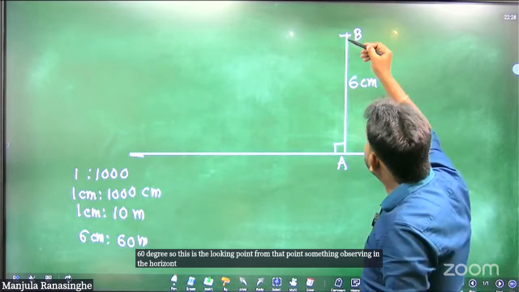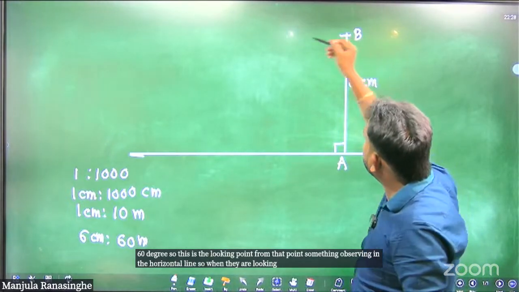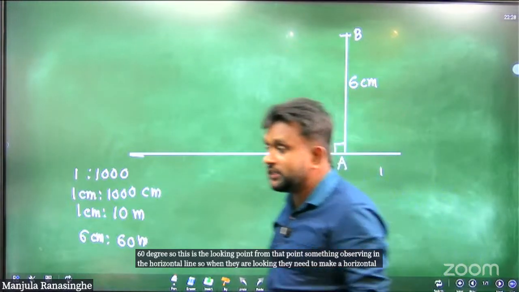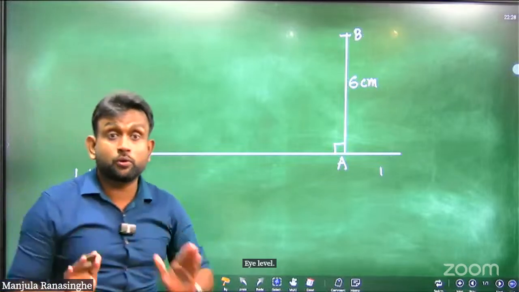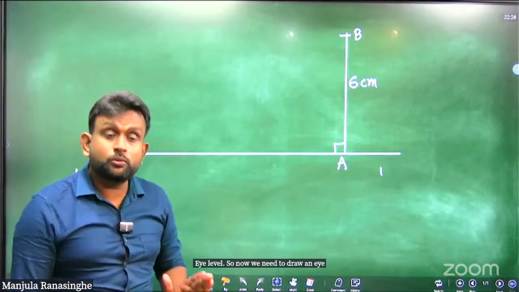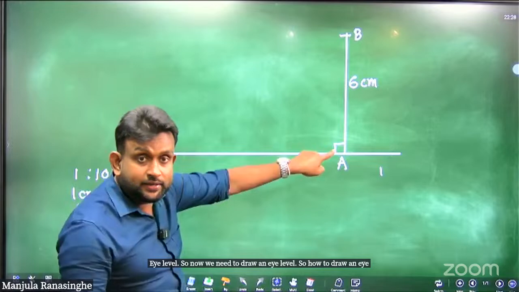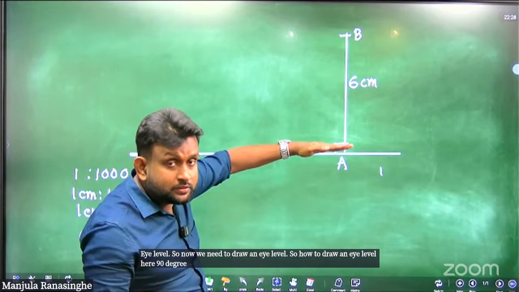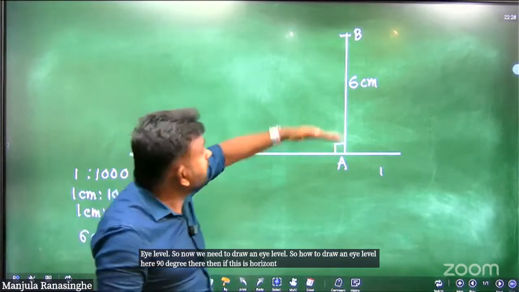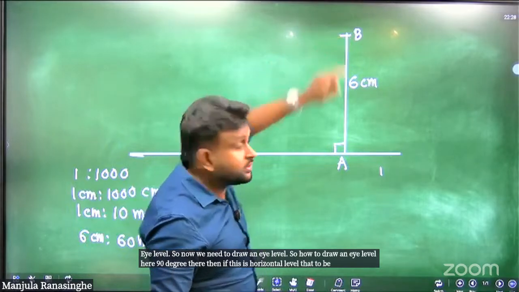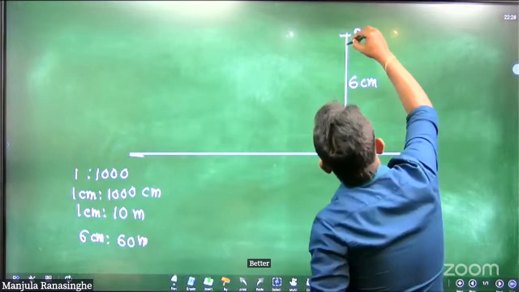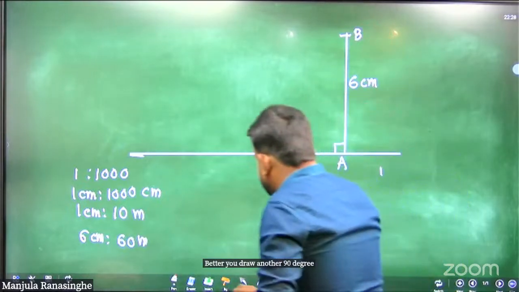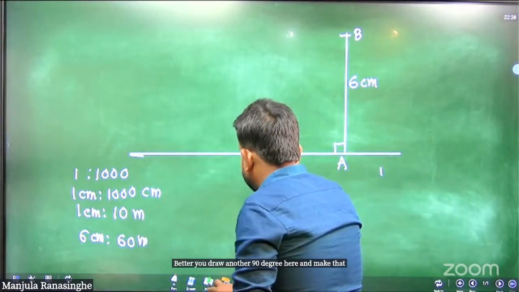So when they are looking, they need to make a horizontal line, what we call the eye level. So now we need to draw an eye level. How to draw an eye level? Here there is 90 degree, then if this is the horizontal level, that has to be parallel with this one.